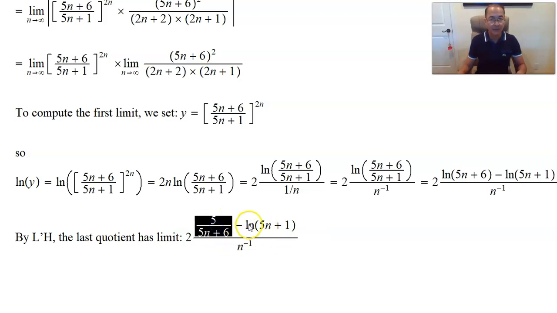Oh, so I can recycle this and turn the 6 into a 1. So the derivative of ln of 5n plus 1 is 1 over 5n plus 1 times 5 by the chain rule. The derivative of the denominator, n to the minus 1, becomes minus 1 times n to the minus 2. There we go.